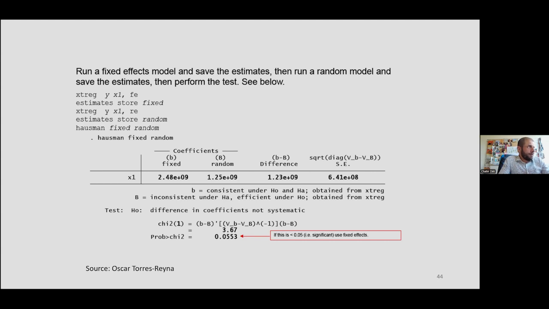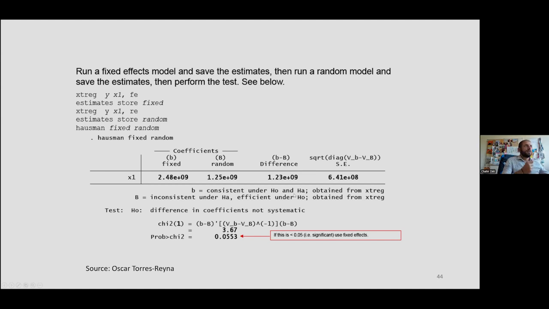And as you can see here, just to confirm what we have seen also in the theoretical part, the small b shows that our estimates are consistent under both hypotheses, H0 and HA, but the capital B, which is the one of random effects, is inconsistent under HA, efficient under H0, right?